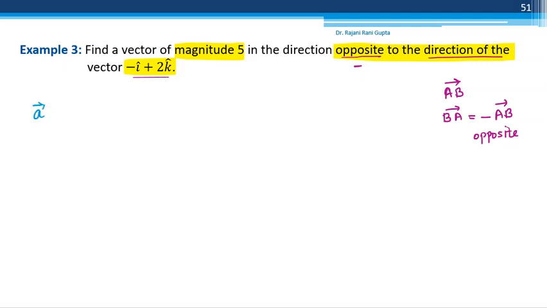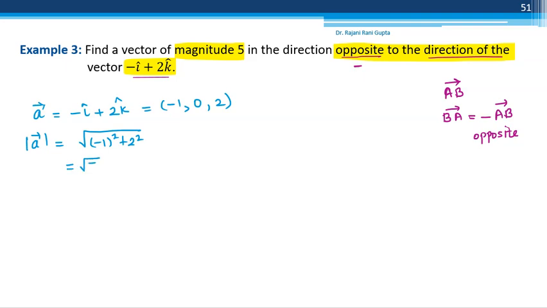Suppose your vector is minus i plus 2k. Note that there is no j component. Let's name the vector as A. Okay, so since we have to find a vector in the direction of A, we have to find the unit vector. So for that, we need the magnitude, which is given by minus 1 square plus 2 square. I hope now you know that it will be minus 1, 0, 2. Okay, so this is giving you root of 5.